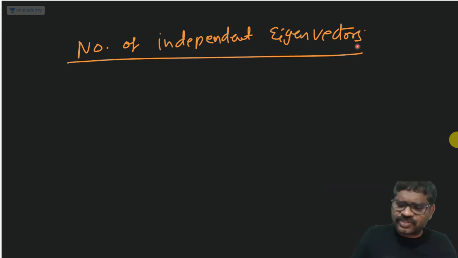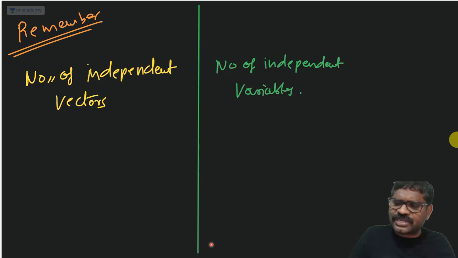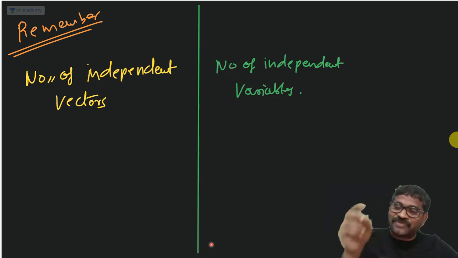Generally, students get confused in these three concepts because the language is similar. So number of independent vectors, number of independent variables.